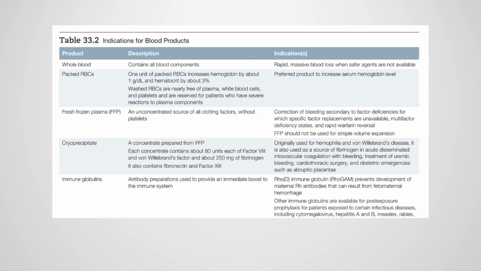It can cause hemolysis in the fetal bloodstream. So we use RhoGAM, which is an antibody to Rh factor, to bind any fetal blood that's coming into the maternal circulation, so that the mother doesn't recognize the Rh factor and produce antibodies to it.